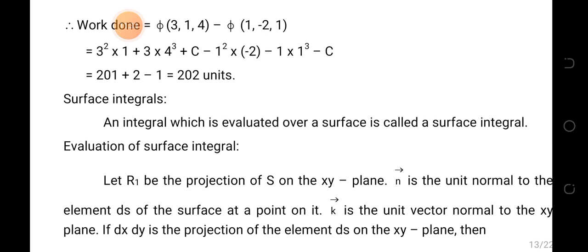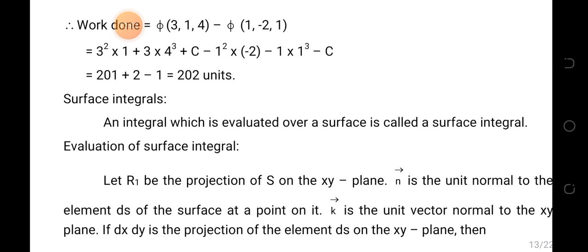They have given the points, so there you have to apply the values (3, 1, 4) and (1, minus 2, 1) as x, y, z. After applying these two points, we get the value as 2 units. So this is the work done you have seen.